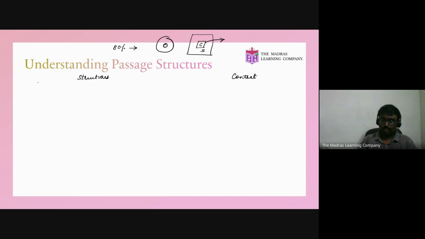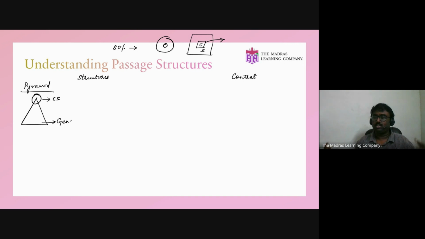Now, the first type is what we call a pyramid. Pyramid understanding is very simple. The central idea is at the top. And as you go towards the end of the passage, there is a general description.